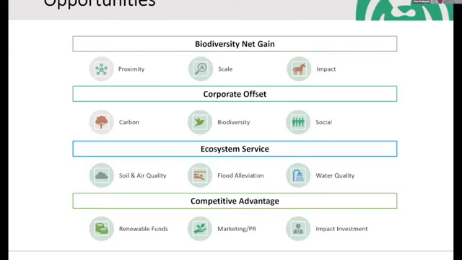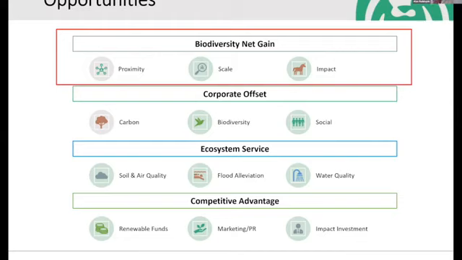So how can we identify natural capital payment opportunities, and what are the key factors that are important to informing a deal? So David has eloquently and in more detail spoken about net gain, but I would just highlight the importance of these three factors: proximity, scale, and impact. Developers need to look to third-party landholders for land to deliver this, and as such, these factors become important.